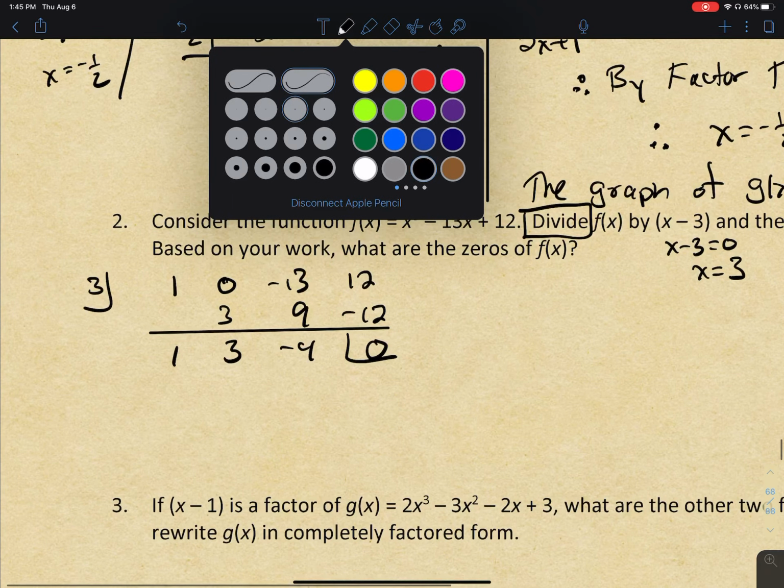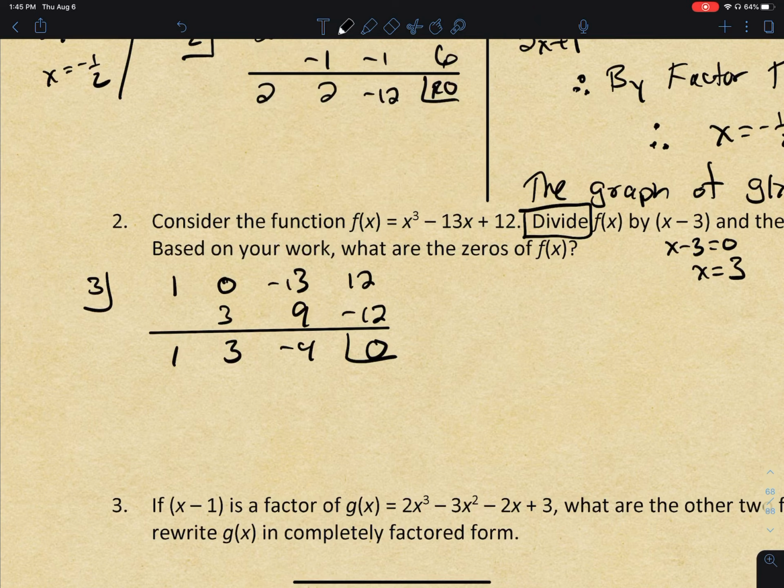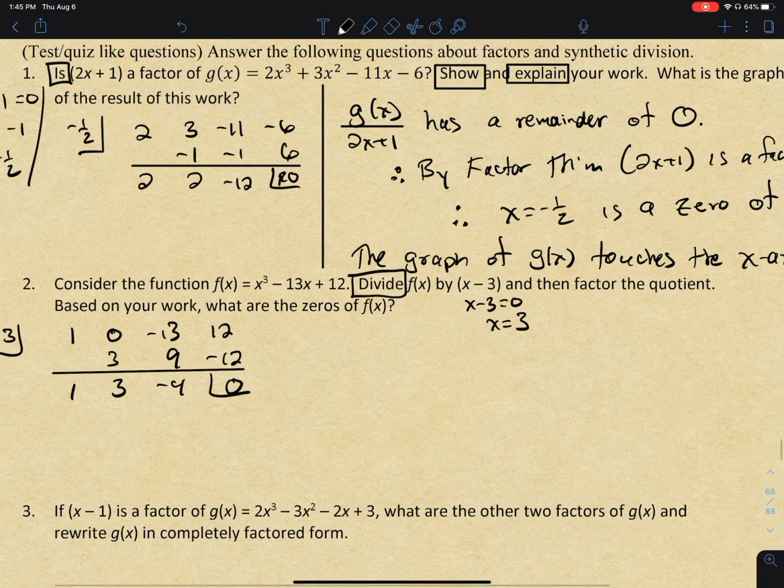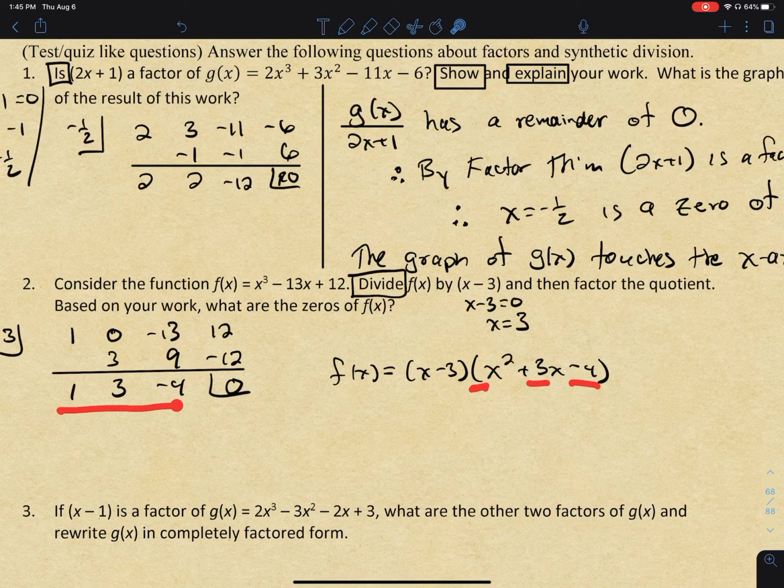So this f of x has a factor of x minus 3, and the depressed polynomial, the quotient, is going to be x squared plus 3x minus 4. That's because the coefficients 1, 3, and negative 4 are seen here, and the remainder 0.